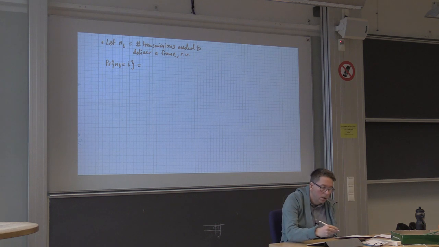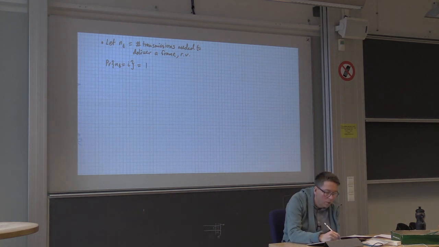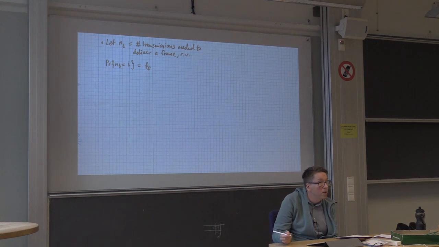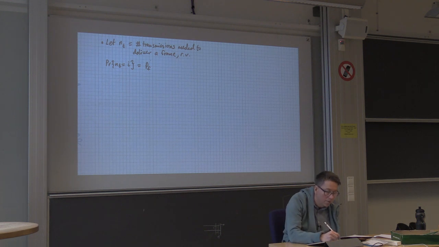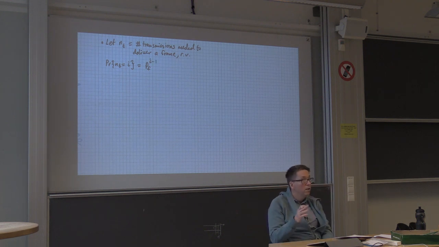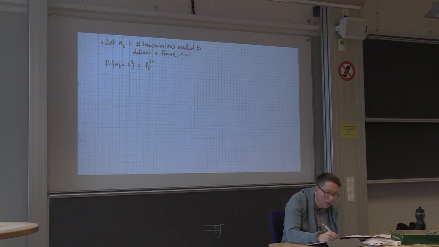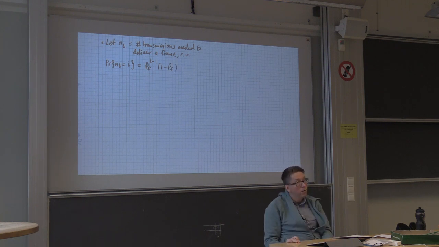In general, if Pf is the frame error probability, we have i minus 1 consecutive events. So the probability for i minus 1 consecutive losses of the frame is Pf, the probability of an individual frame to be in error, raised to the power i minus 1. And then the final time, the frame went through, and it goes through with the probability 1 minus the probability that it's lost, so 1 minus Pf.